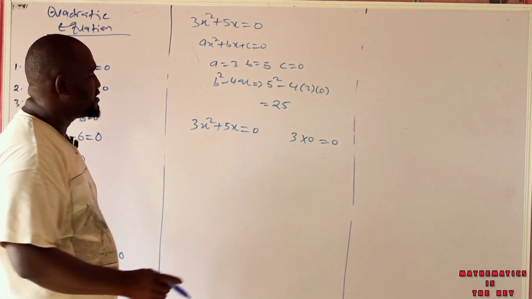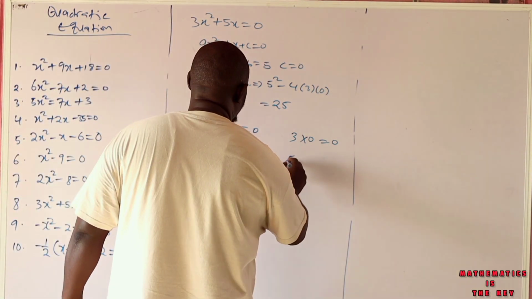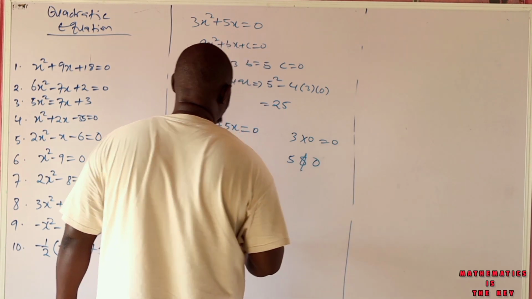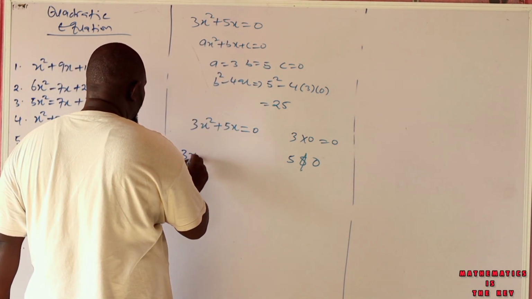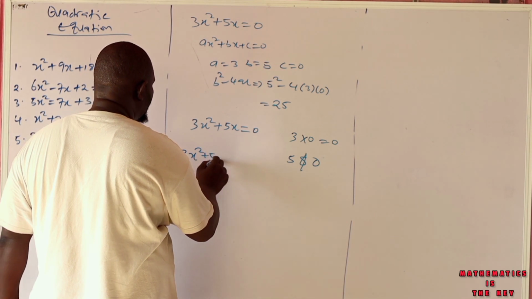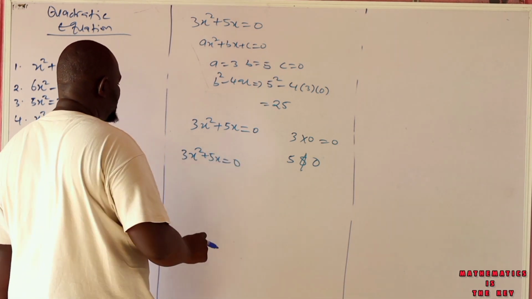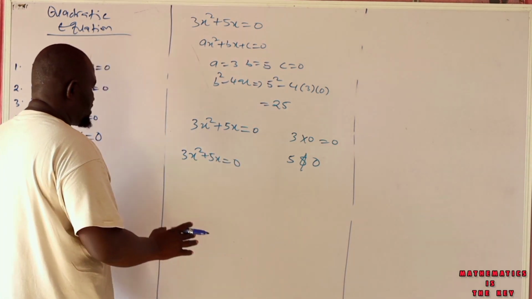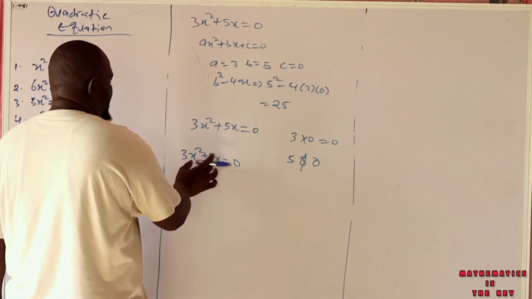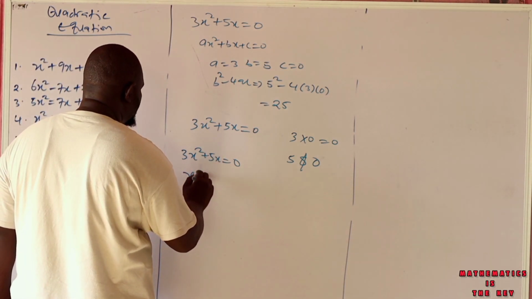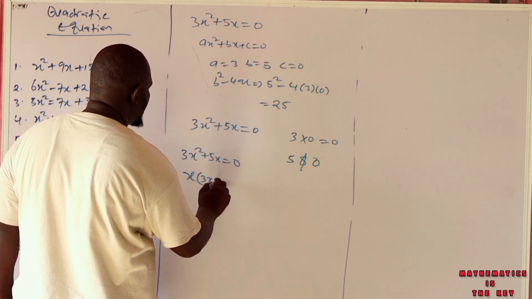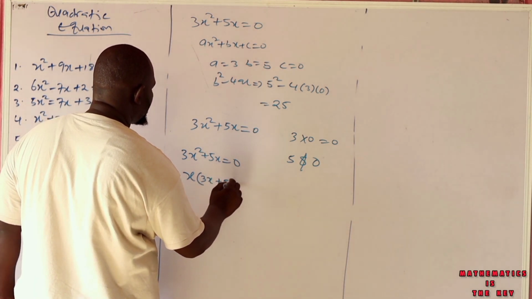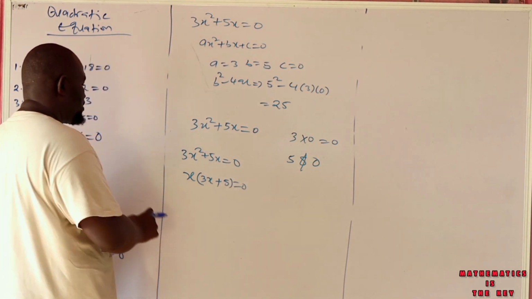These numbers are what? 5 and 0 itself. So replacing them here, we still have back our 3x squared plus 5x is equal to 0. So you have only two terms now. x is common. We bring out x. Here we'll be left with 3x, and here we'll have plus 5 is equal to 0.